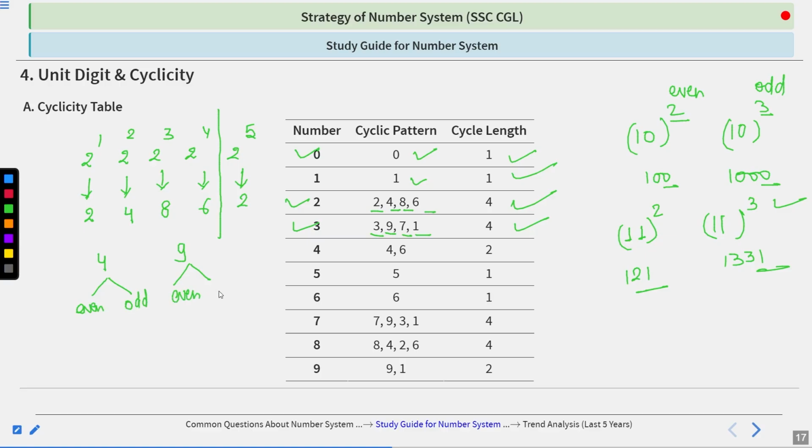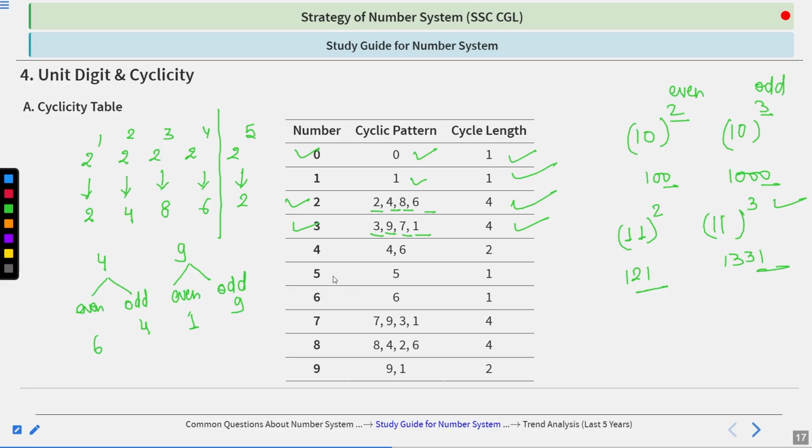For 4, if the power is even we get 6 at the unit place, and if the power is odd we get 4. In the same way for 9, when the power is even we get 1 as the unit digit, and when the power is odd we get 9.